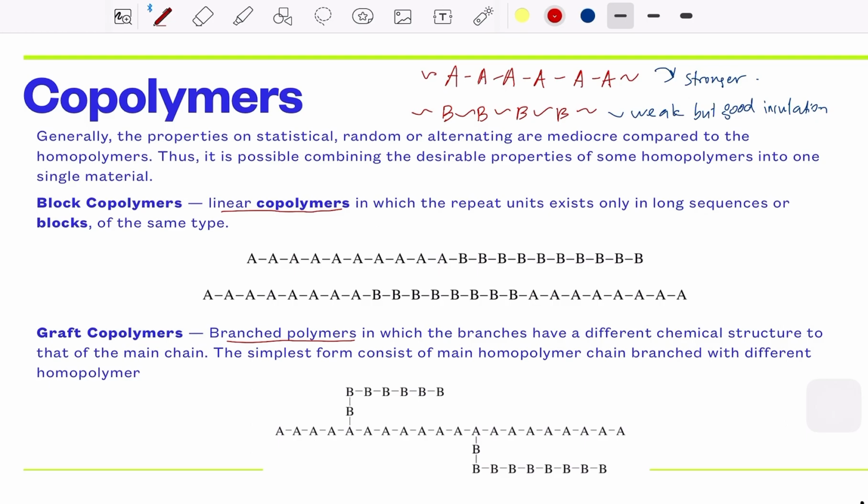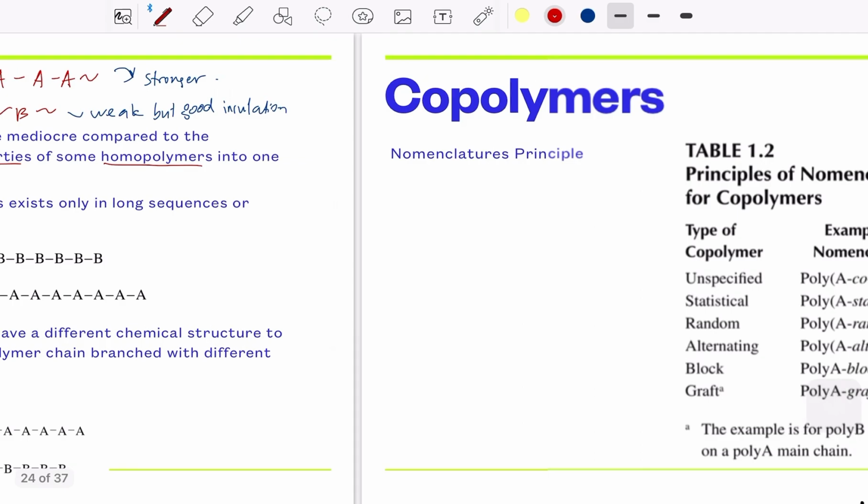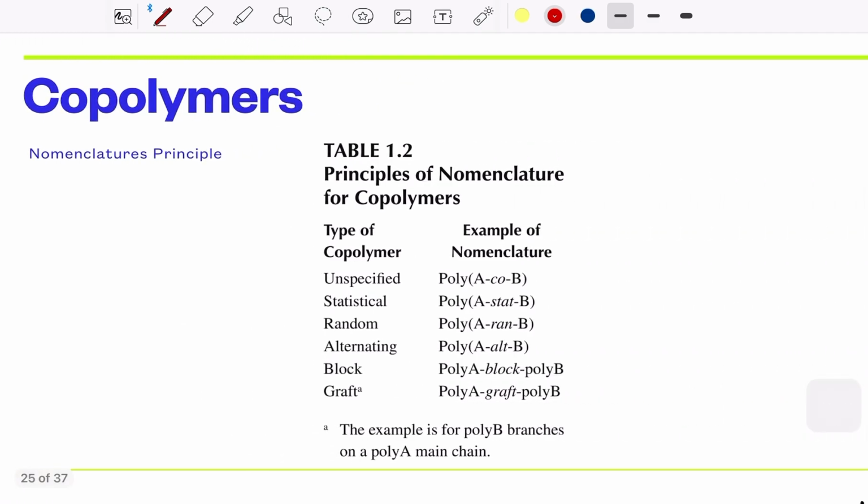So it is possible to combine the properties of some homopolymers into one single material. Okay, this is how we name it. We usually name it with poly A if we are not sure what type the polymer is.